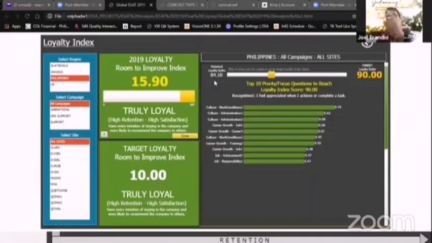Your target on the next run is to increase it up to 90%. So therefore, you need to work on this set of questions. You need to work on culture. Okay. You need to work on the administration, or I mean the culture, career growth, and so on.